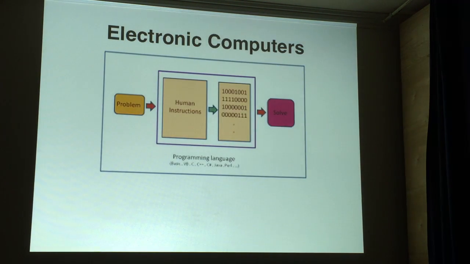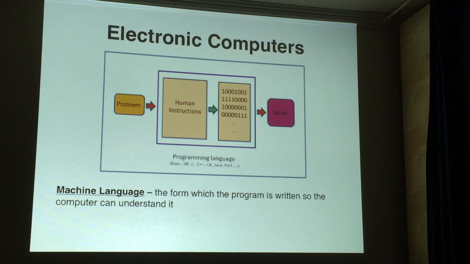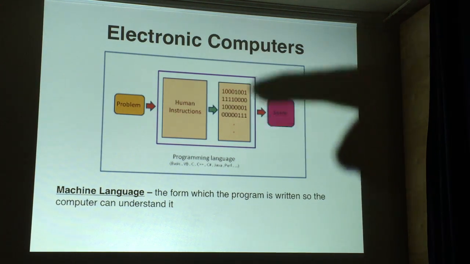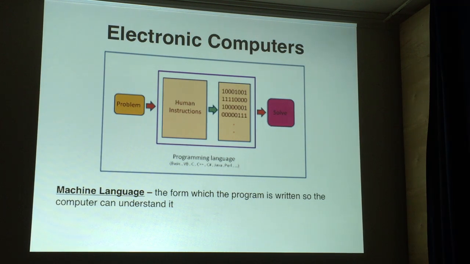So let's talk about how this software is brought together. It has to use code in order to communicate or change human instructions into computer instructions. And so one box represents the machine language, which is this language here. And the machine language is the form in which a program is written so the computer can understand it.